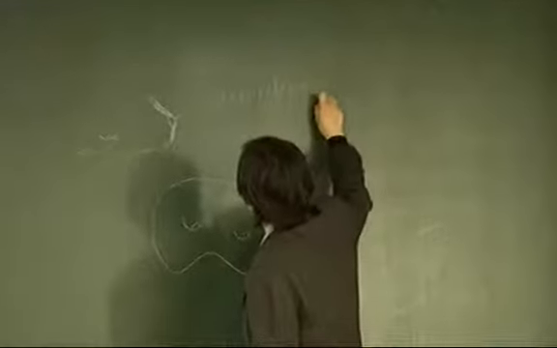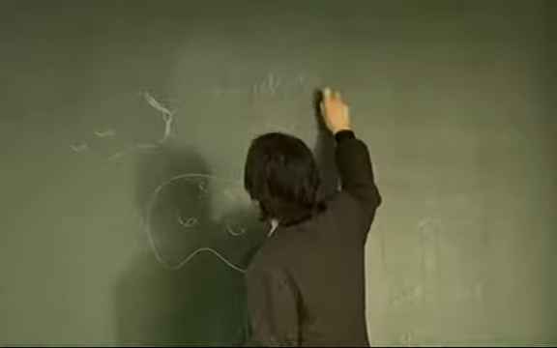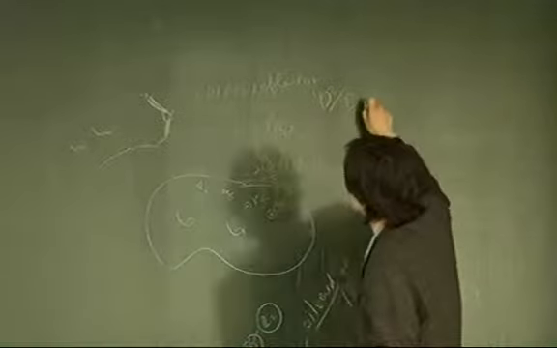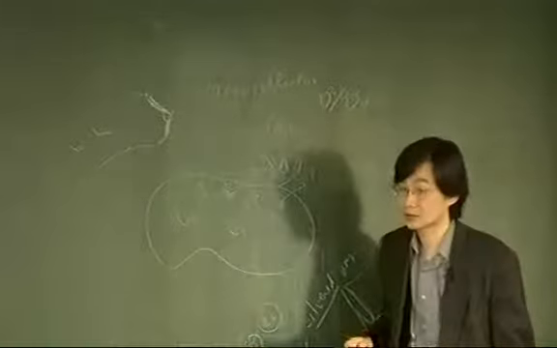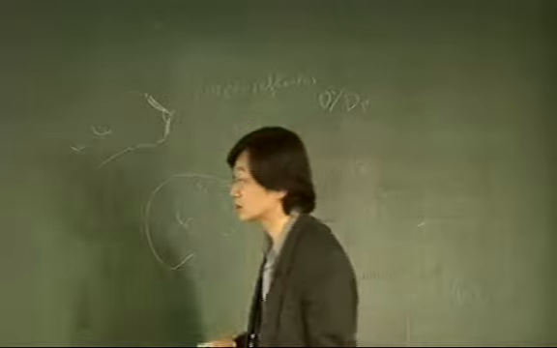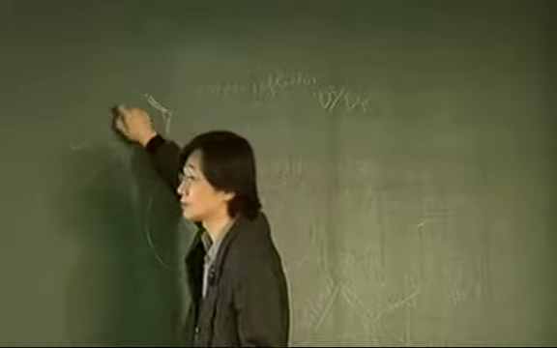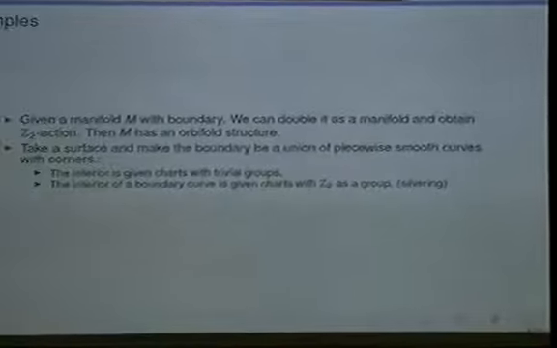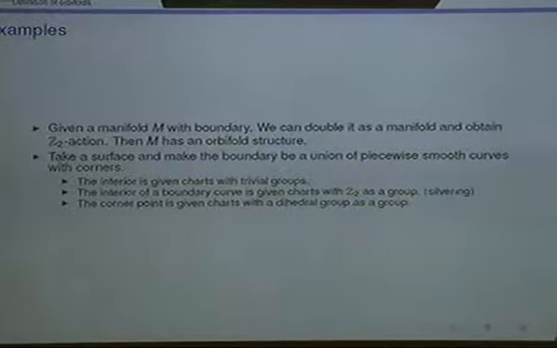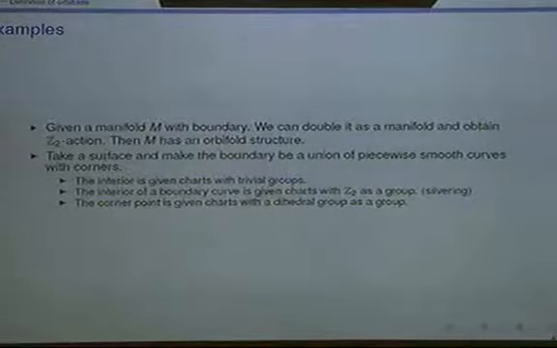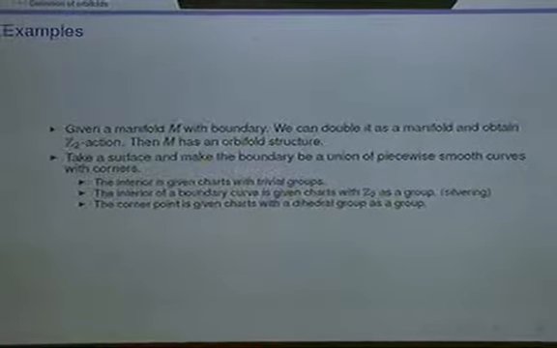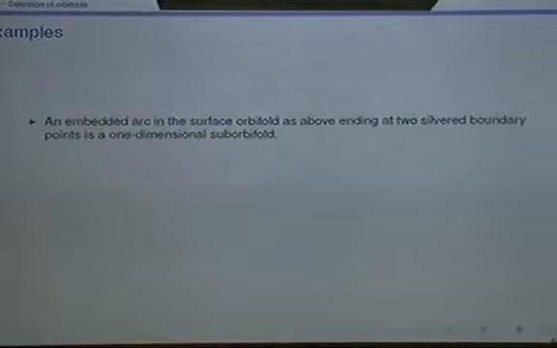It's more like D2 divided by the dihedral group of order P, and whatever P you want, you can put in. Of course, in the interior you always give the trivial group. So the interior of the boundary curve is given G2, which is silvered, and at the corner reflector you can give any dihedral group structure. So it's very quick for surfaces.